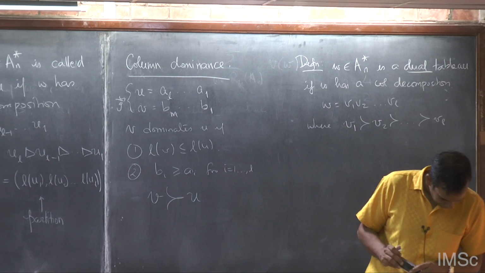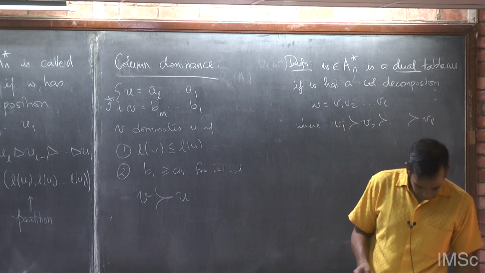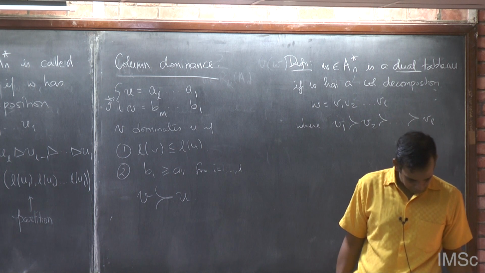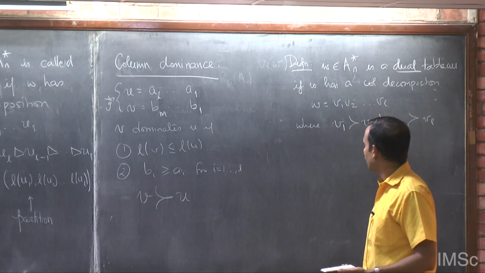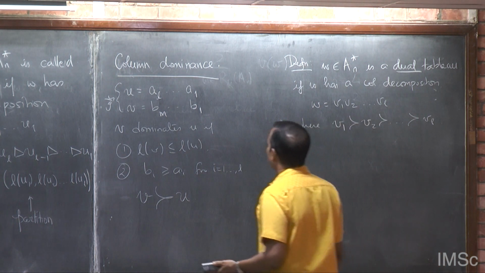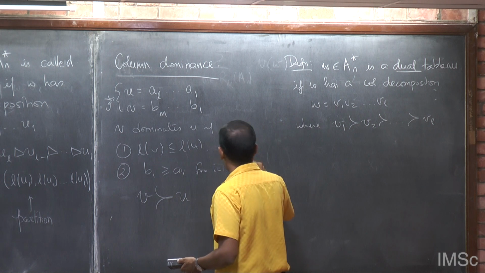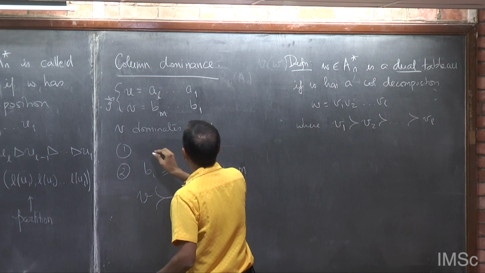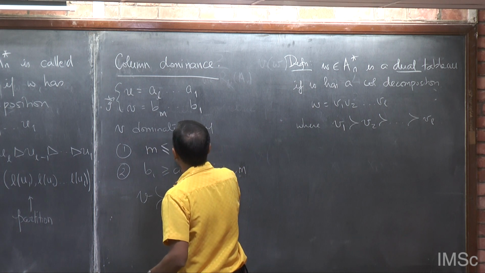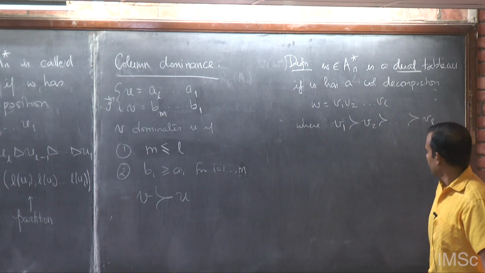So your second condition must be i equals 1 to m. Let me write it like this: m is less than or equal to l.